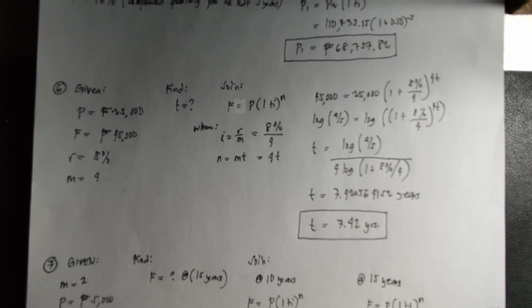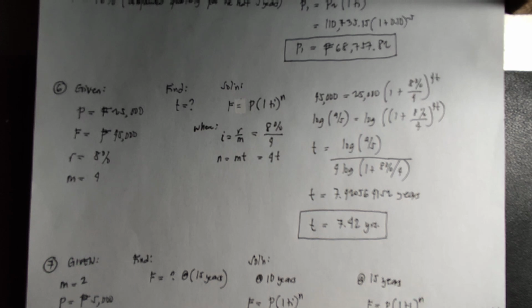It says here, when will the girl receive the money if the fund is invested at 8% compounded quarterly? So we were asked to find the time or the number of years.